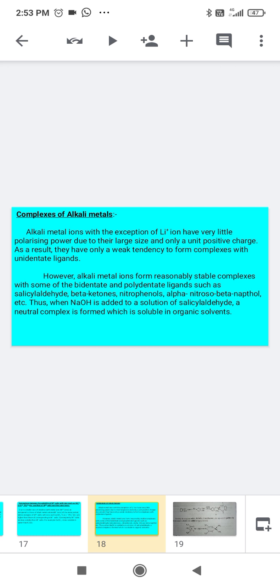As we see, usually the complexes are formed by some of the metals of the 3d block, that is transition metals. Here alkali metals and alkaline earth metals also form complexes to some extent. Now we shall see how these complexes are formed using alkali metal and alkaline earth metal ions.